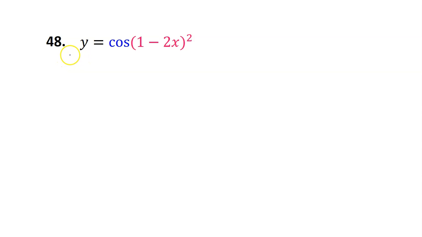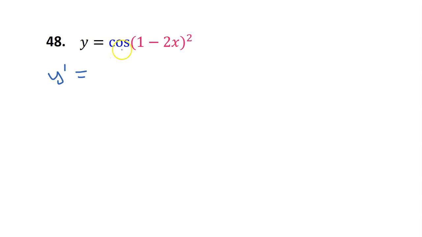I colorized number 48 so you can see that the outer function is just the cosine, and everything here in red is the inner function. So the cosine is not being squared, just the 1 minus 2x is being squared. All of this is inside the cosine. So as we do our derivative with the chain rule, first we do the derivative of the outer function.